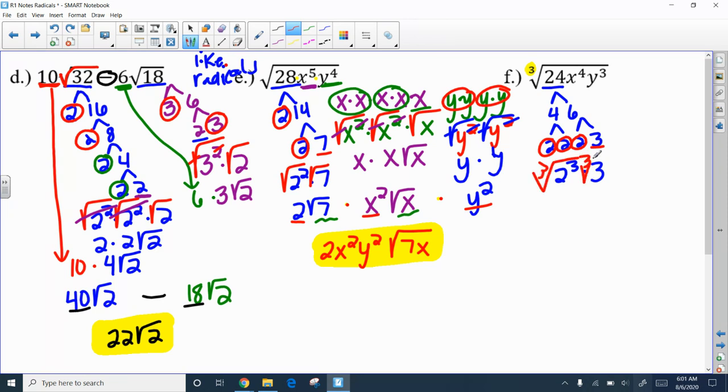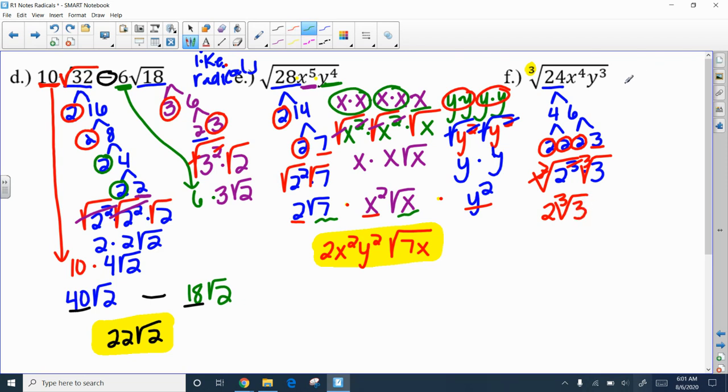So this time, a cube root gets rid of a cube. So the 2 cubed, I would get rid of the cubed part with the cube root, and then we would just have a 2 on the outside. And then we have a cube root of 3 left on the inside.